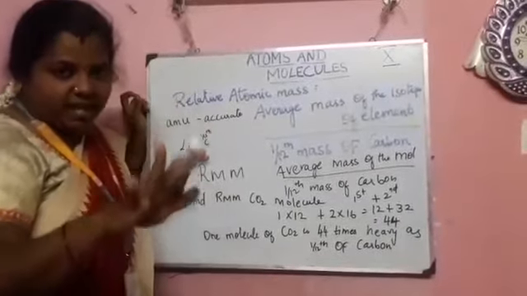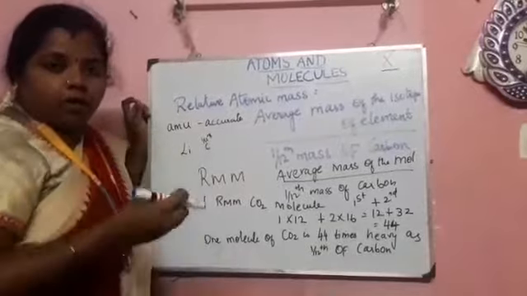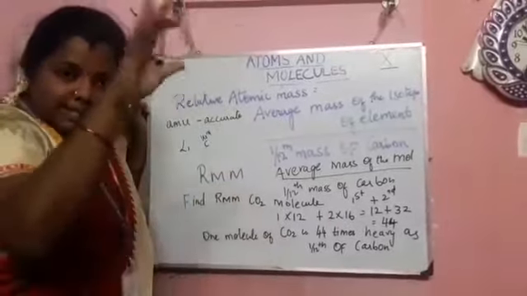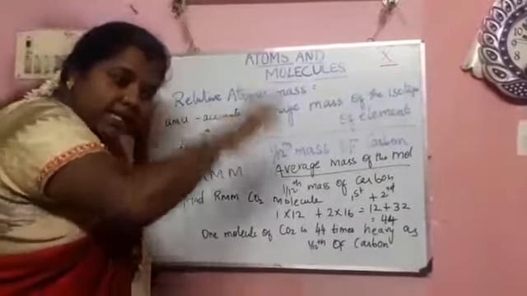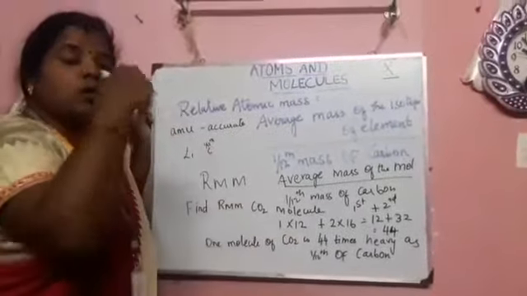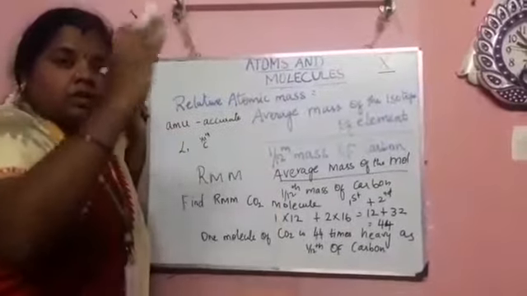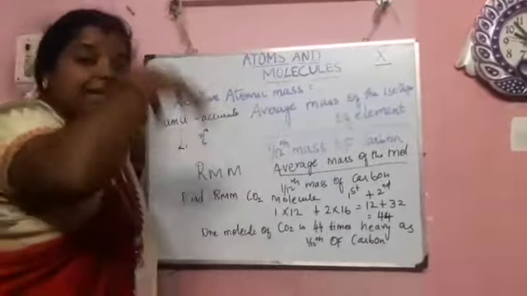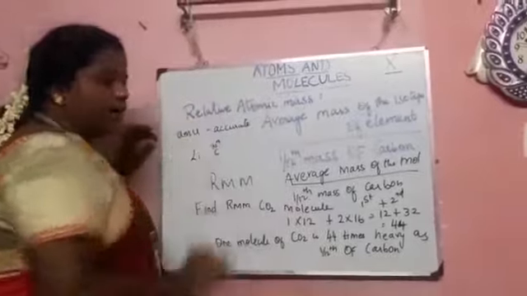And on the other side will be whatever we want, fruits or vegetables. If we keep 1 kg, then 1 kg of apple we have to place. So for the standard we balance, and the other one will be called the relative one. So here we see the relative atomic mass.